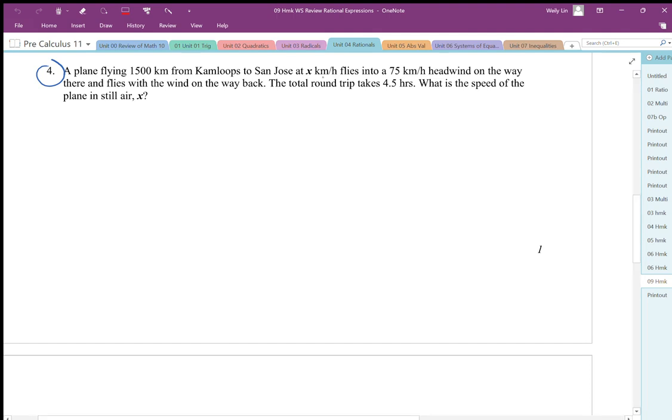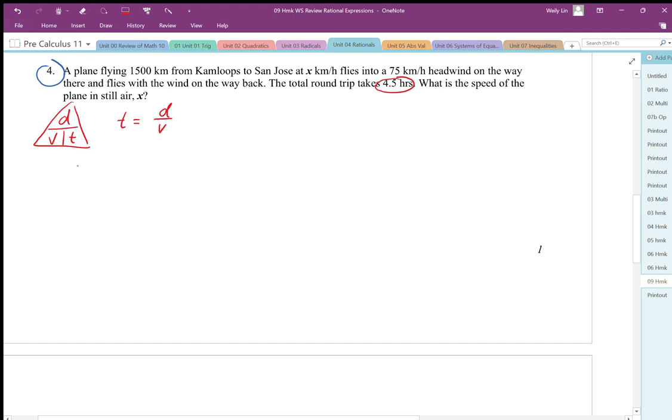So x represents the kilometers per hour, and we need something that equals the 4.5 hours. We have distance equals velocity times time. If we want an expression for time, time is equal to distance over velocity.